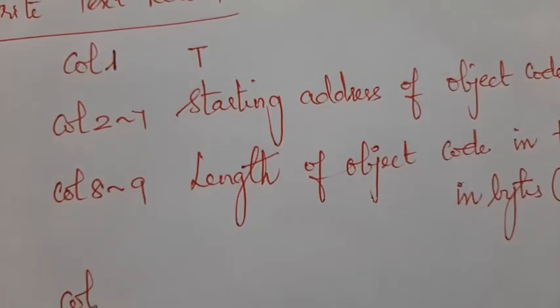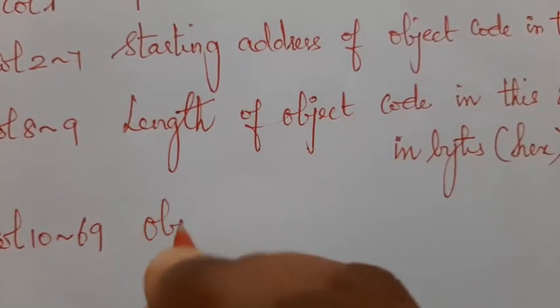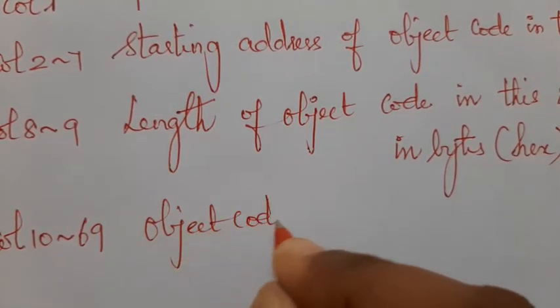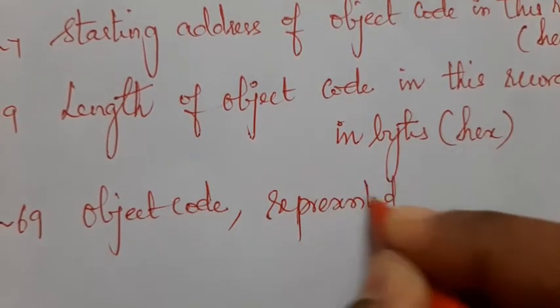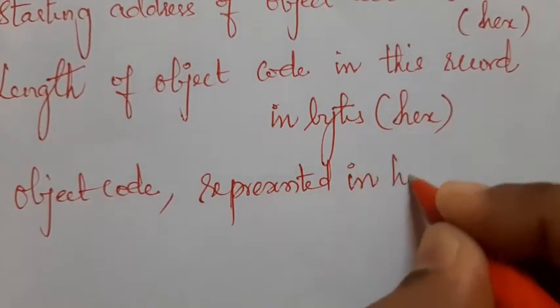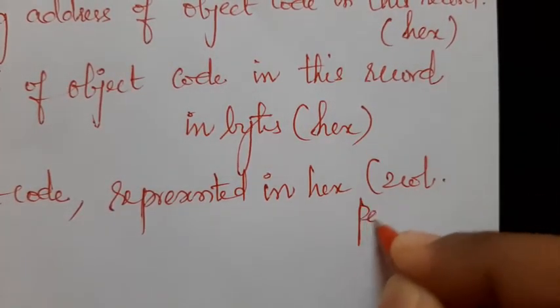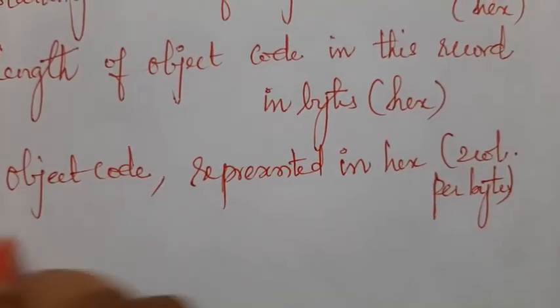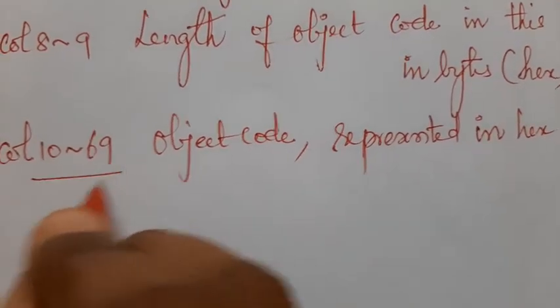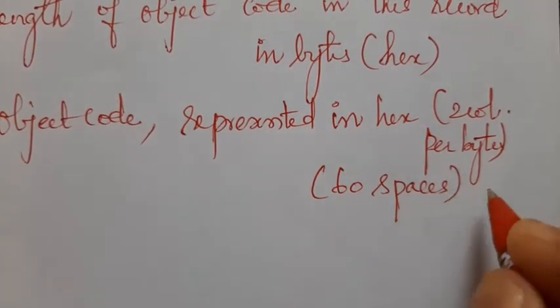And column 10 to 69, here you have to write object code that should be represented in hexa format, 2 columns per byte. So totally it consists of 60 spaces. So mention it here, don't forget, 60 spaces.